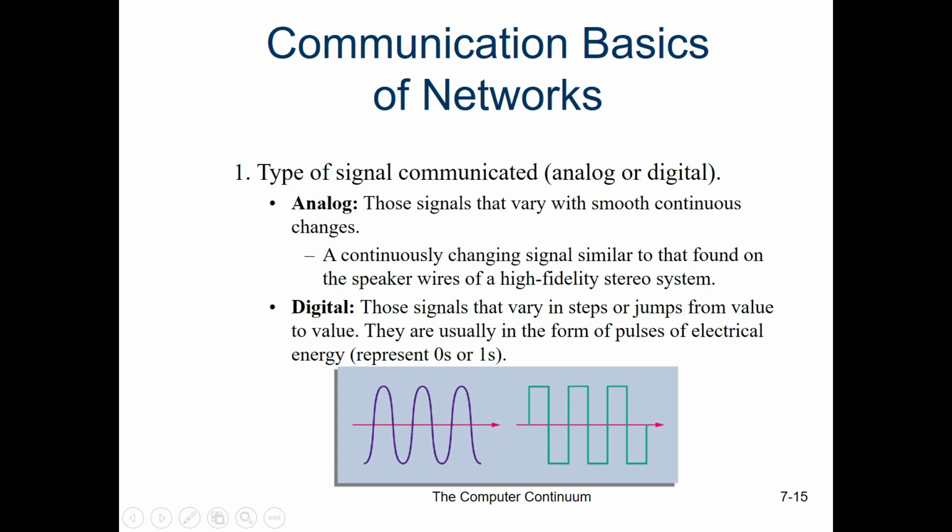But the digital or discrete signal is either high or totally zero. So here you can see it is at the top, then at the bottom, then at the top, then at the bottom, and that's how it works.